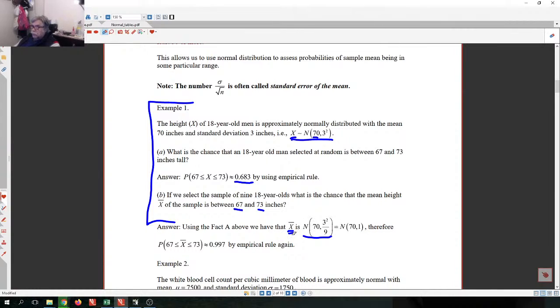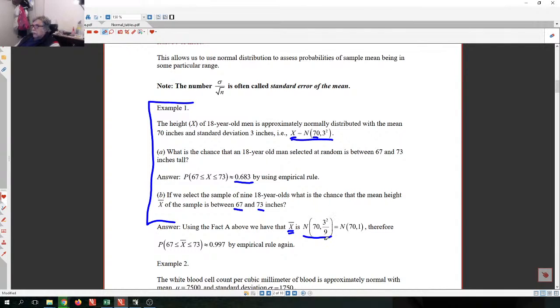The x bar, that's the mean of a sample of 9. That also changes from one sample mean to another sample mean to another. It varies from a sample to a sample, not from an individual to an individual. But it has the same mean as the x, 70.